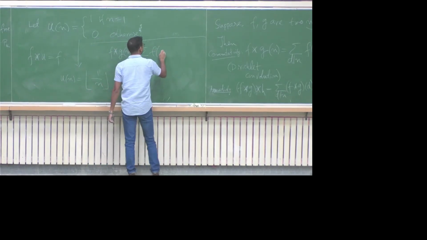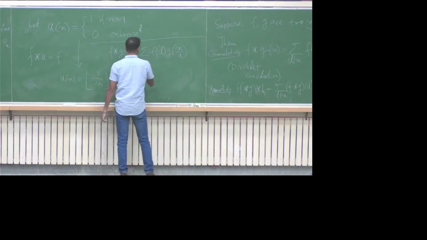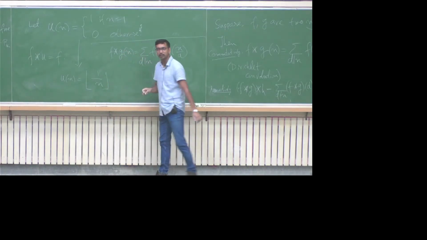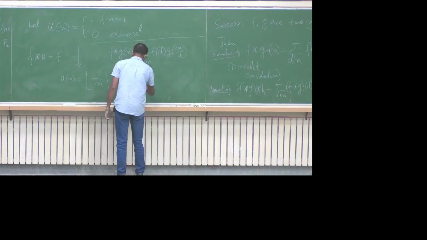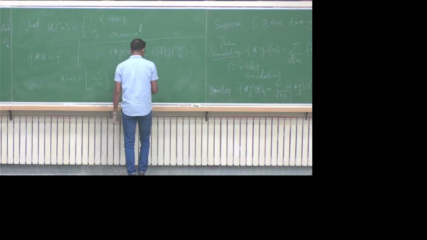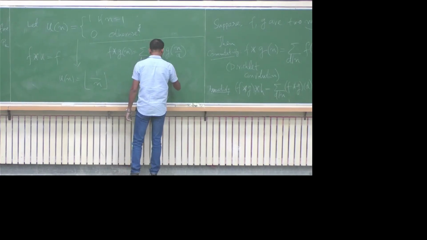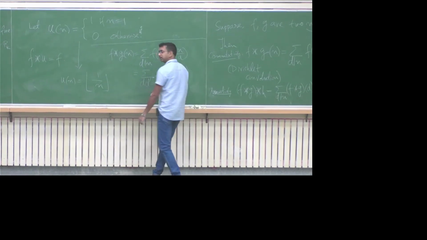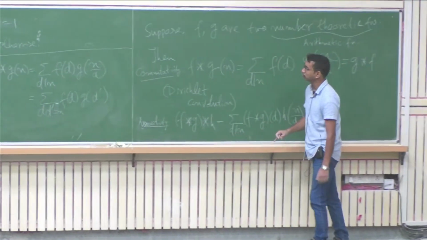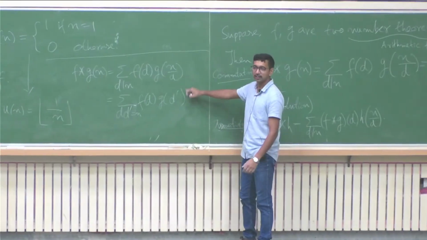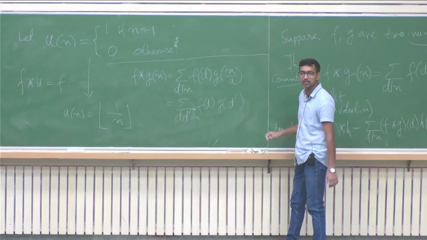F of D times G of N by D, where D divides N. We could have written this also as the summation over D times D dash equal to N of F of D and G of D. So we are writing the same thing here and there, just the notation is different.